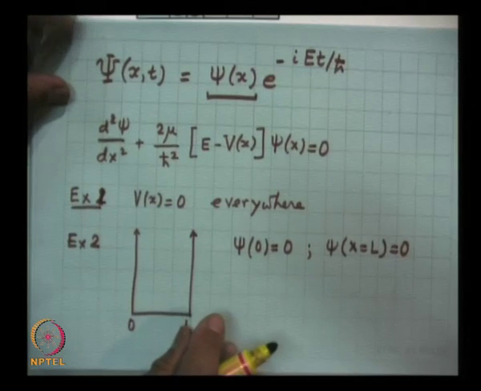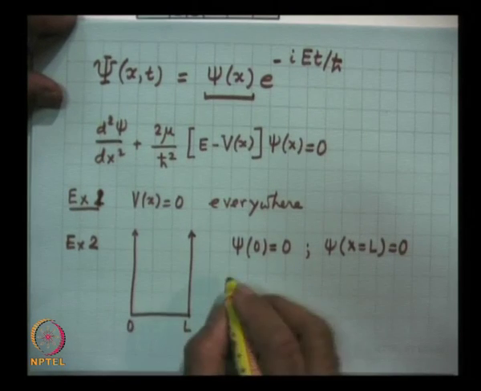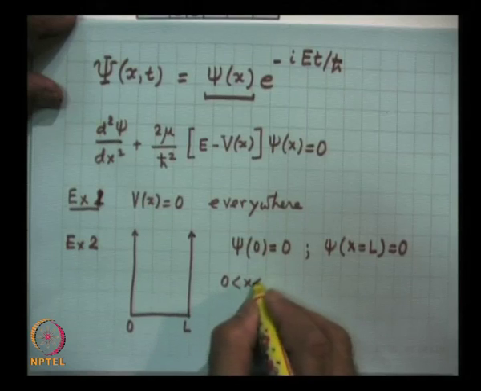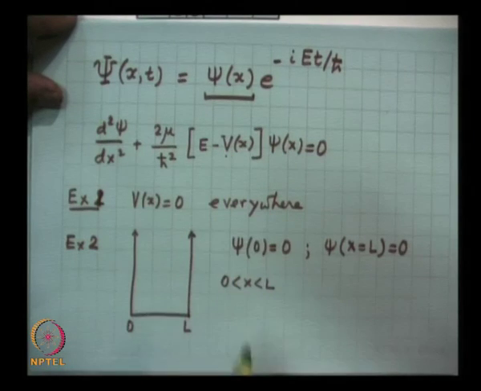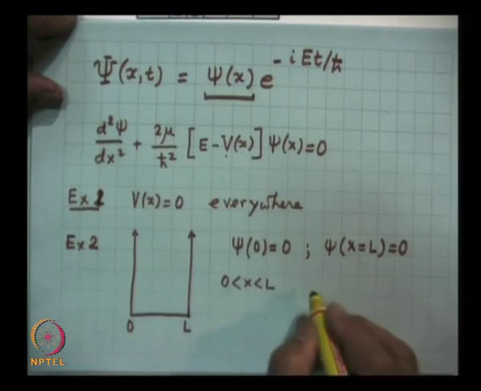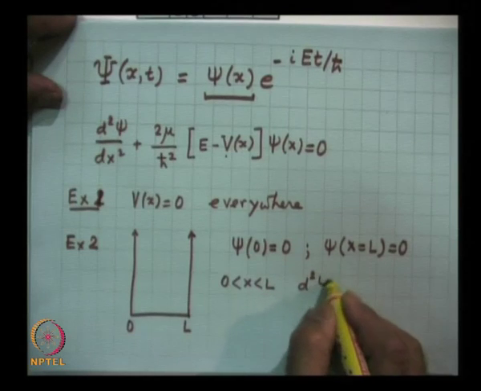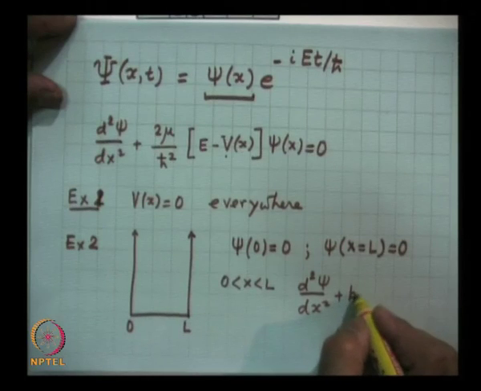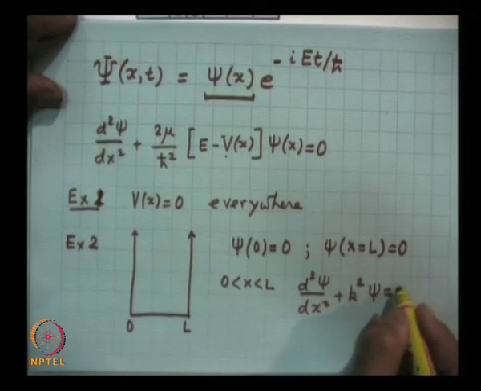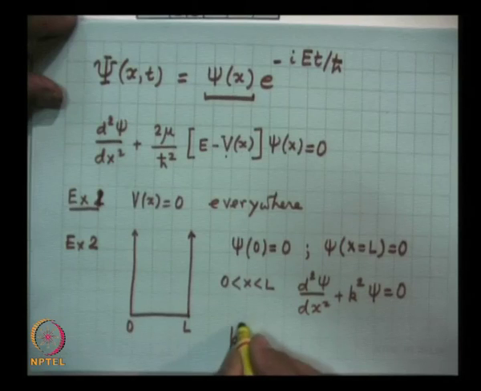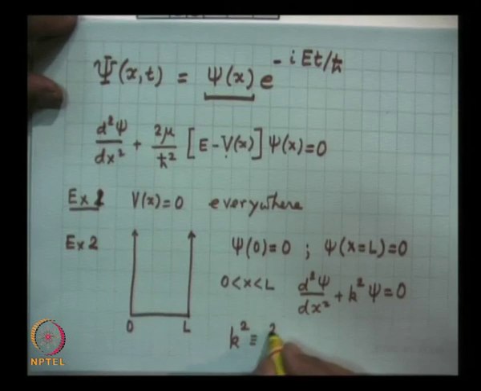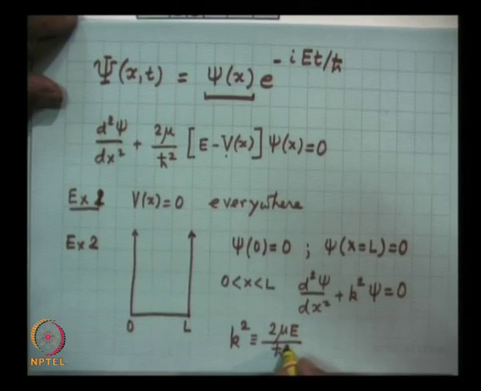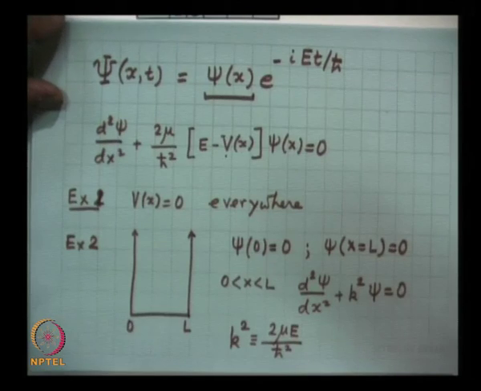So, let me try to solve this equation. Between 0 less than x less than L, V of x is 0. So, the Schrodinger equation becomes d2 psi by dx square plus k square psi is equal to 0, where k square is defined to be equal to 2 mu E by h cross square. Mu is the mass of the particle, E is the energy of the particle, and h cross is of course the Planck's constant divided by 2 pi.